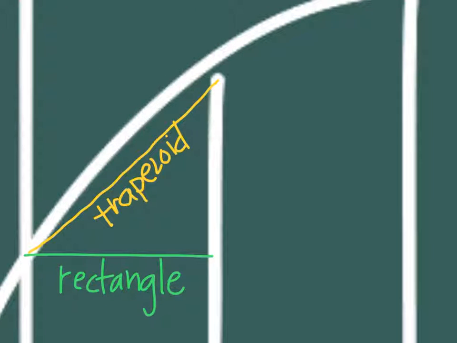And finally, the best approximation before calculus that anybody came up with was a curved parabola, named after the guy who did it, Simpson.